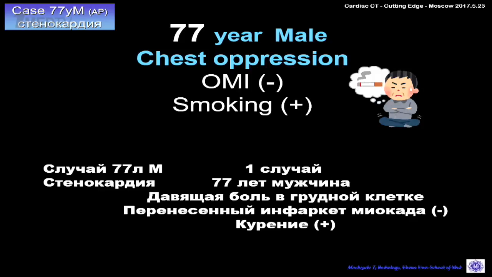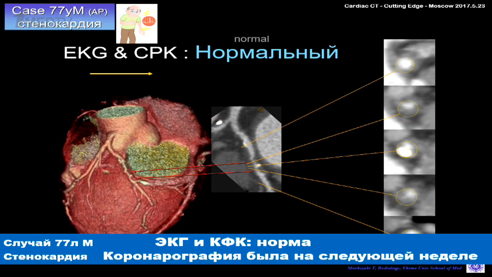One case. This is a 77-year-old male having chest pain, and there is no history of old myocardial infarction, but he has a habit of smoking. He was imaged with the multi-slice CT, and his coronary artery was like this.